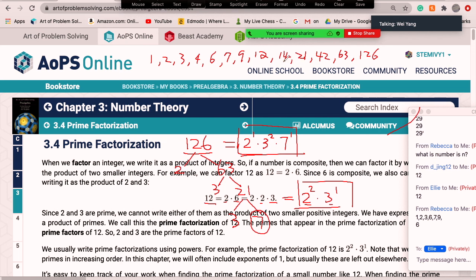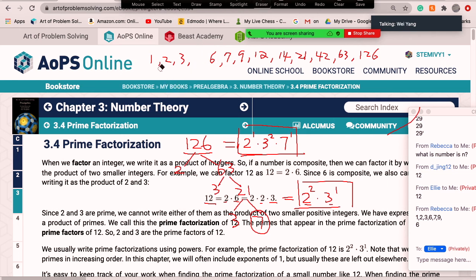12, that's right. 9, that's right. 7, that's right. 6, that's right. Oh, 4 is not right. No 4, because we only have one 2 here. So we take this out.